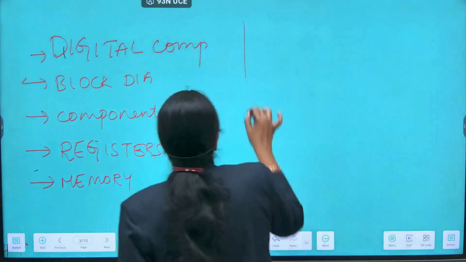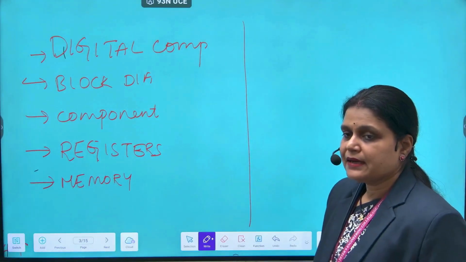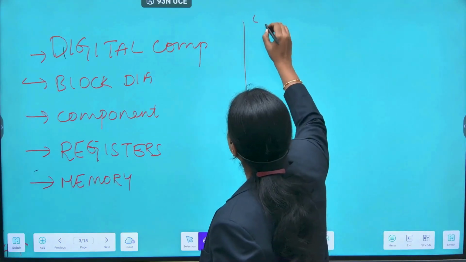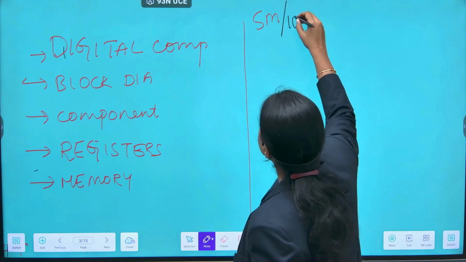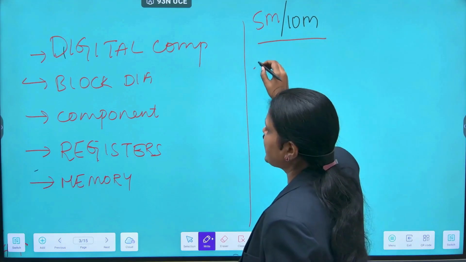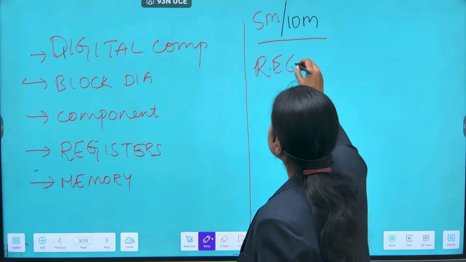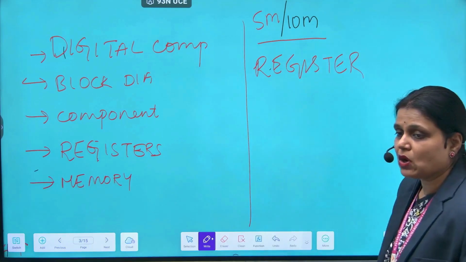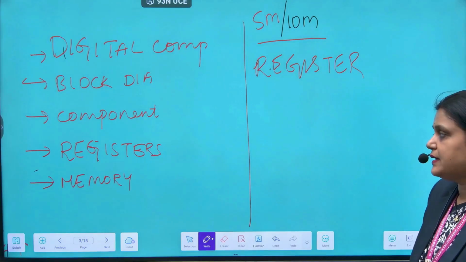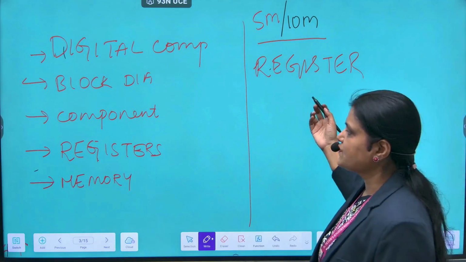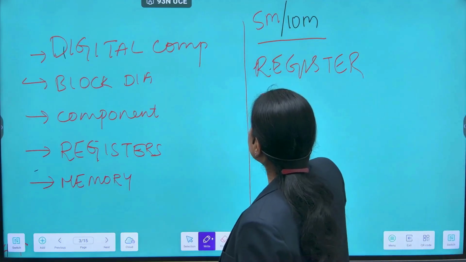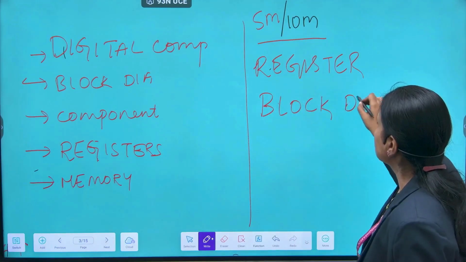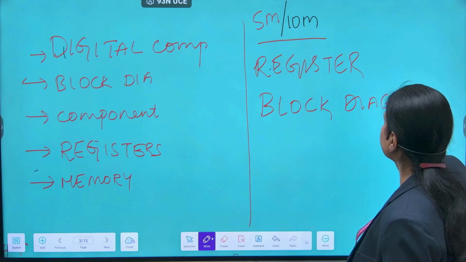These are the topics that we discussed today, and in the exam we can expect a few questions of 5 marks or 10 marks. Usually they will ask us to write about register format. When they ask about register format, we need to write about all the kinds of registers, taking examples. They may ask for the block diagram of a digital computer, which we have already discussed.